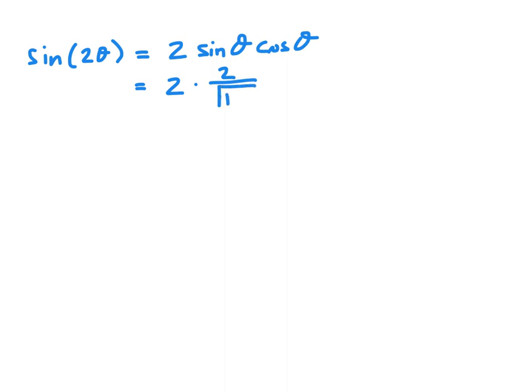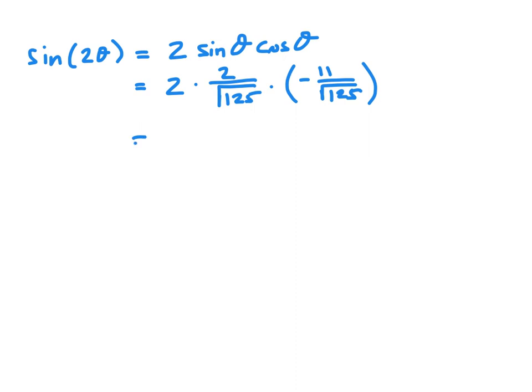So for the sine of 2 theta, we apply the double angle identity, and we see that this is going to equal 2 times the sine of theta times the cosine of theta. And we know both of these trig functions. We know that sine of theta is 2 divided by the square root of 125. And we know that the cosine of theta is negative 11 divided by the square root of 125.